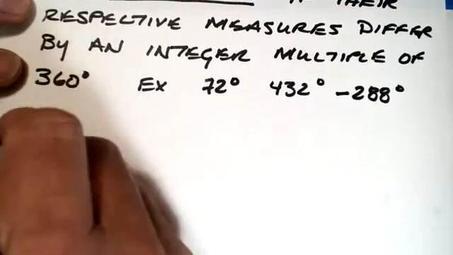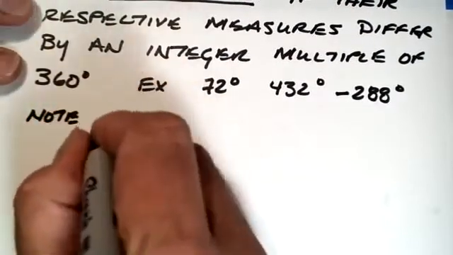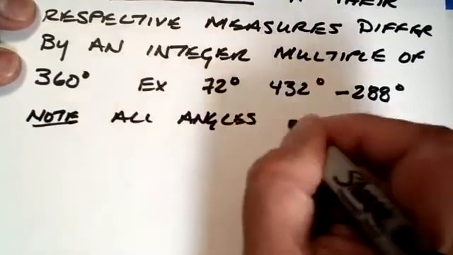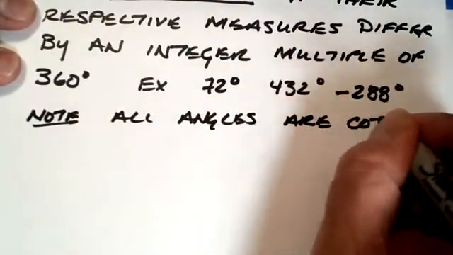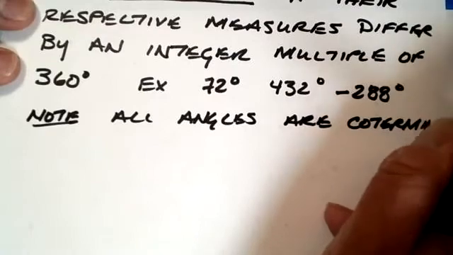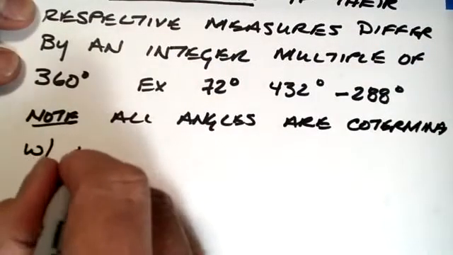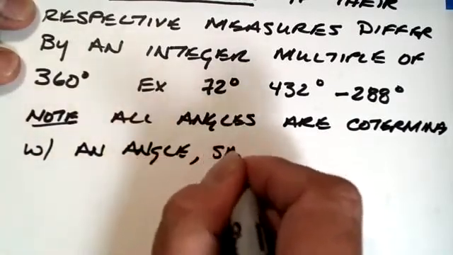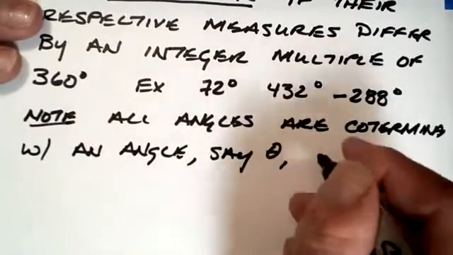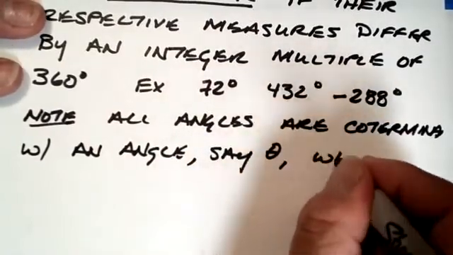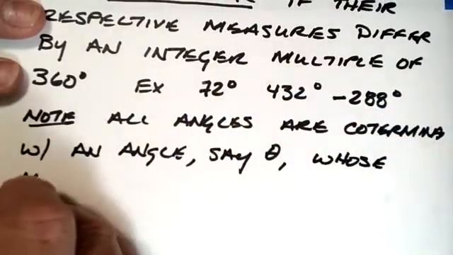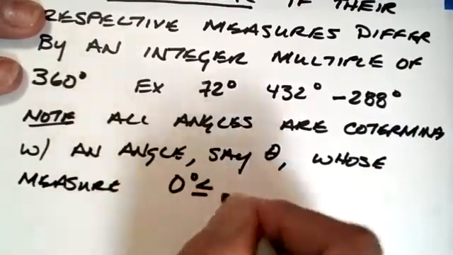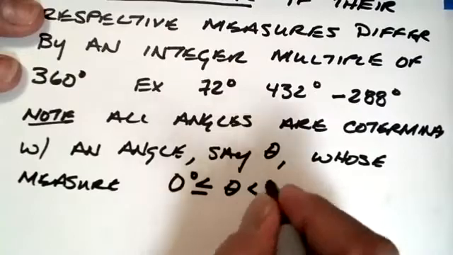Now, here's something to note, and this is a critical fact. All angles are coterminal with an angle, we'll say theta, whose measure is between 0 and 360 degrees.